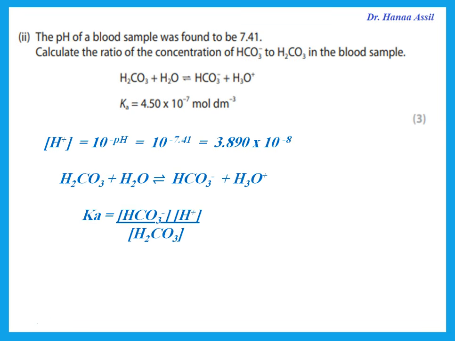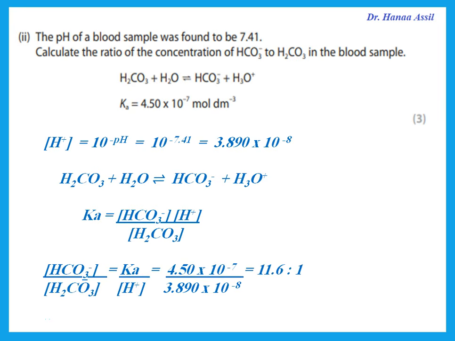Now, in this equation, the Ka is equal to concentration of products over concentration of reactants. Again, we ignore the H2O, and that means I can use this to get the ratio. He wants the ratio of the concentration of HCO3 minus to H2CO3. That will be Ka over H plus, and that gives me this ratio.